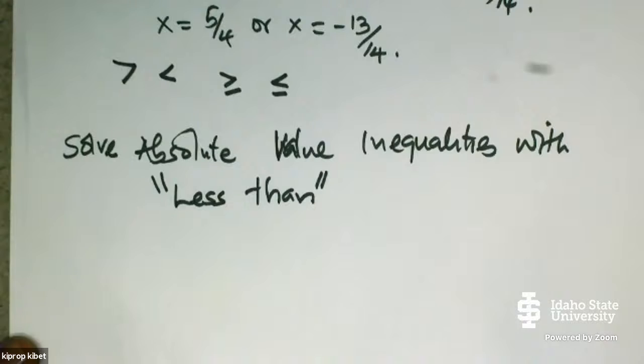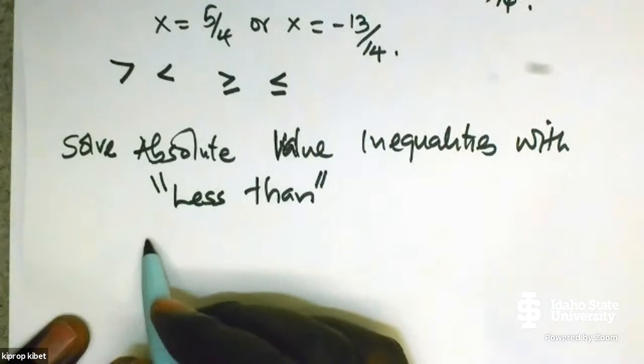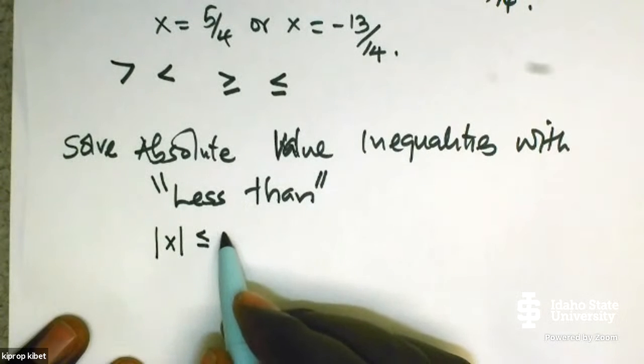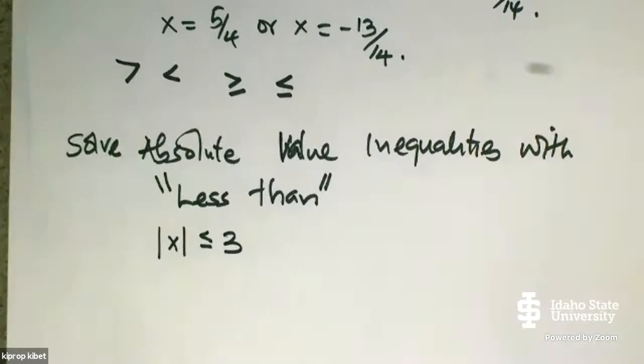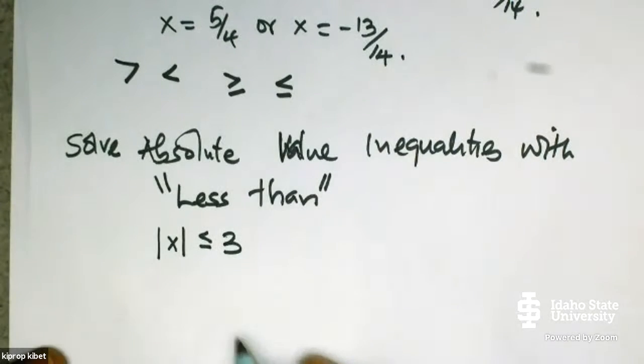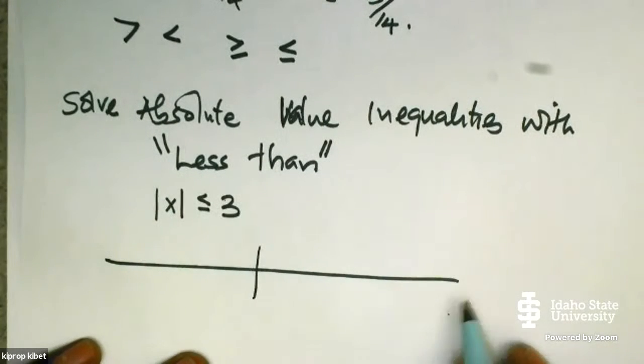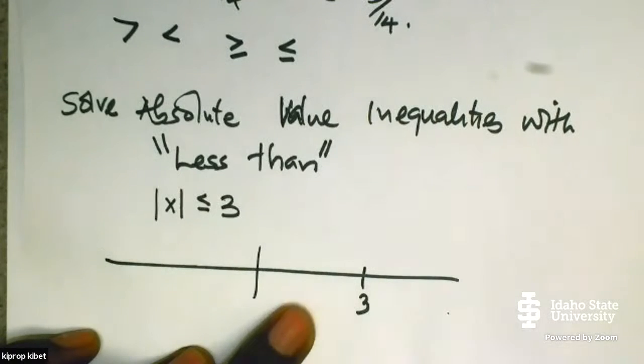Now, let's say we have the absolute value of x is less or equals to 3. Since this is on a number line, it can be 0 to that number, which is 3, right?